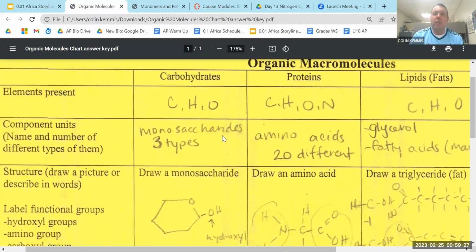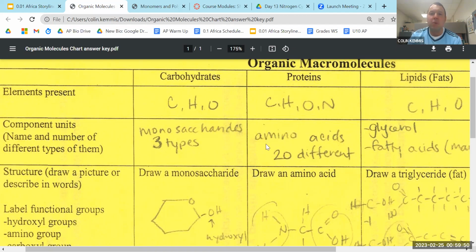Right, what are they made out of? What is the monomer? Carbohydrates are made out of a monosaccharide. Mono means one. Saccharide is an old word for sweet. Simple sugar or single sugar. And so far we've just done glucose, but there's two other types as well. The monomers for proteins are amino acids.